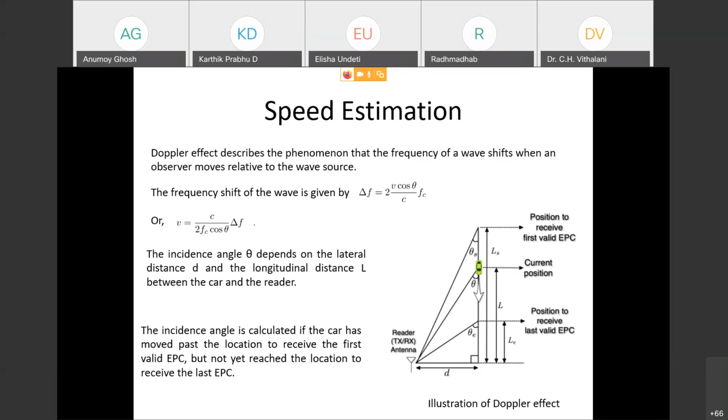Now this data will be sent to the middleware by some modulation technique and so on. The middleware will demodulate the signal, remove the noise contamination from the signal, and then send the signal to the controller. The controller will perform the Doppler shift calculation and calculate the speed of the vehicle.